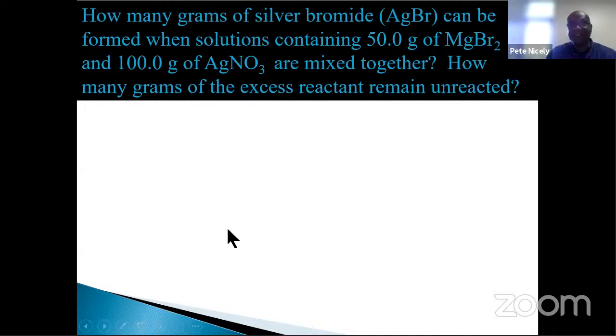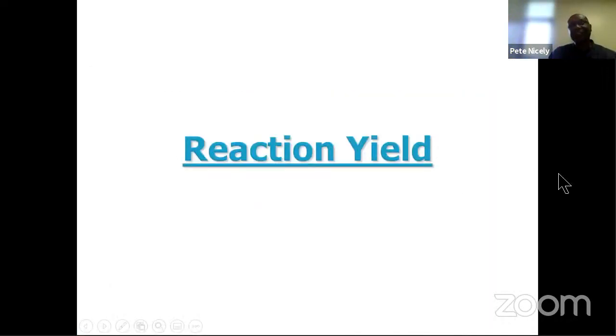Now, the whole concept of reaction yield is very important because what is often found is that when you actually perform reactions to produce a particular product, the amount of product you expect to get based on the amounts of reactants that you start off with and the calculations involved is usually, in most cases, less than what you expect to get.